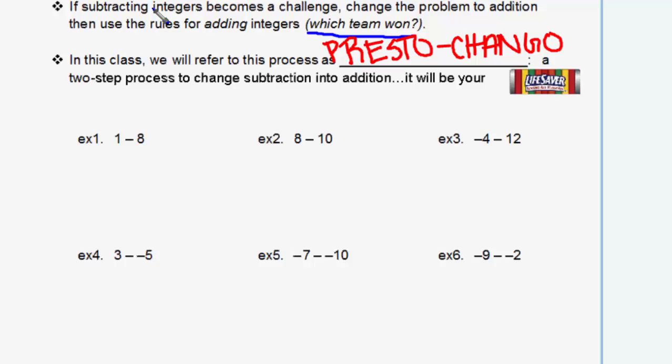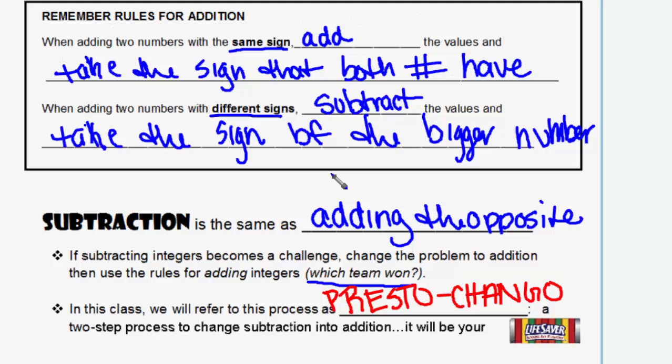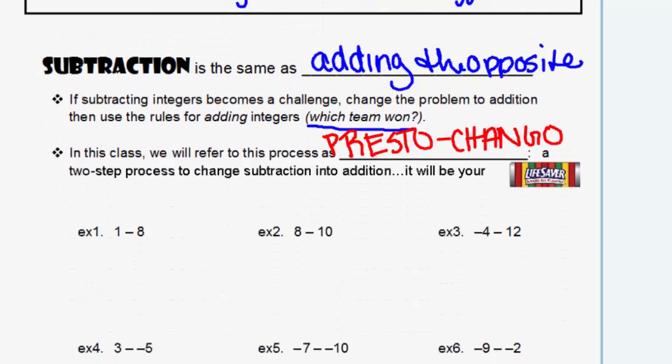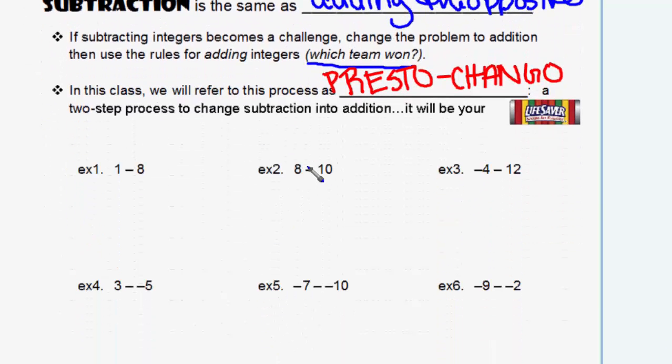The reason we're doing that is because we want to use the two rules that we've just become so good at. So I'm going to call this your lifesaver. For the entire school year, whenever you have a subtraction or negative numbers, I'm going to ask you to pull out your lifesaver. And Presto Changeo is going to be your lifesaver. So let me show you how Presto Changeo works.